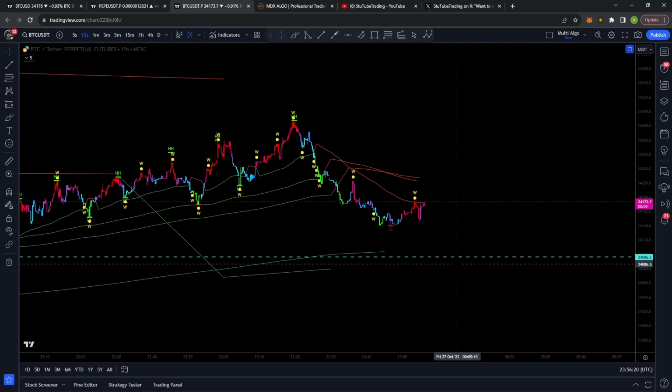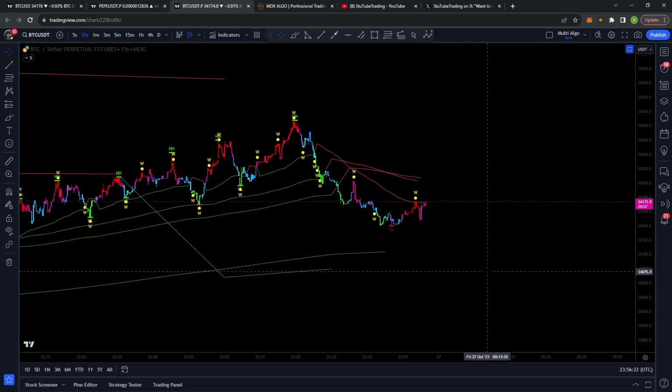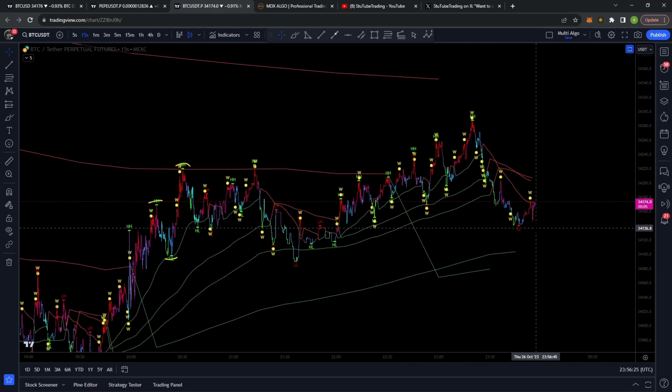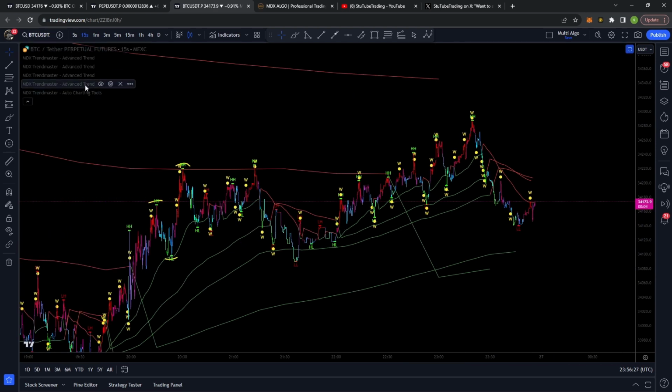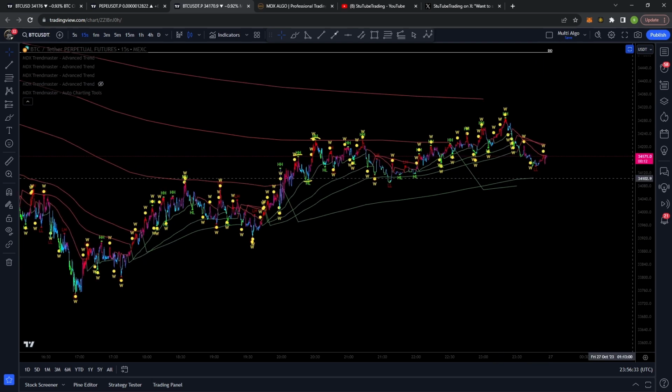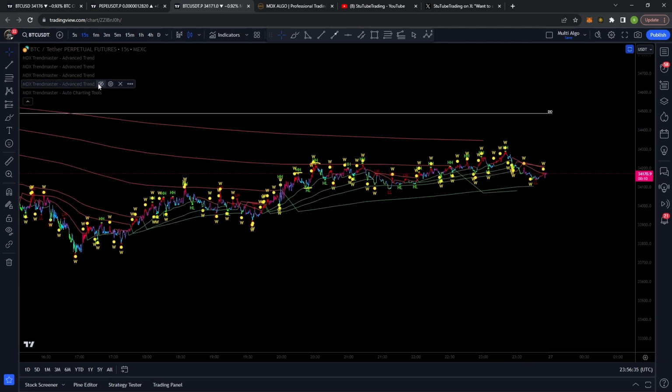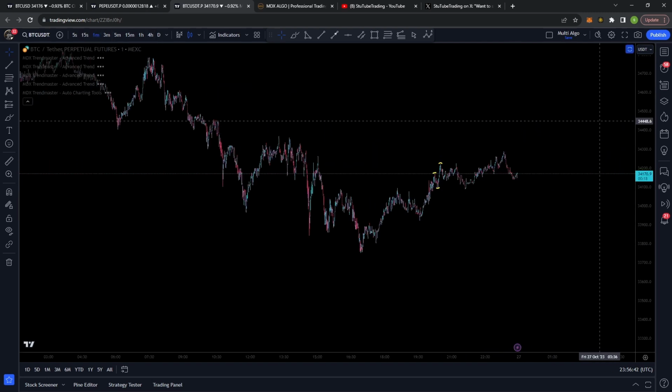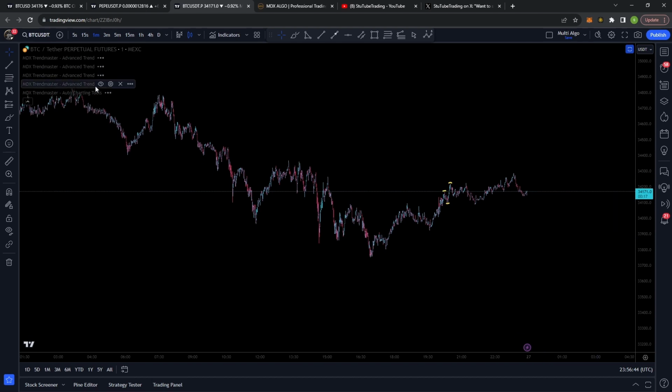Back on Bitcoin here, by the way, obviously. What EMAs do we have here? Not even seeing them come up on that time frame.